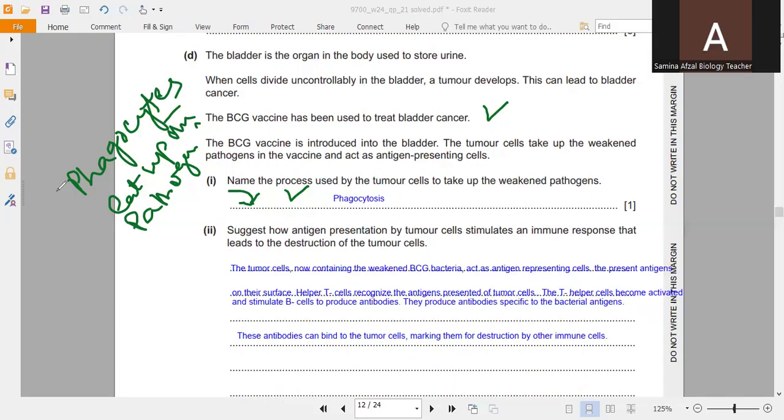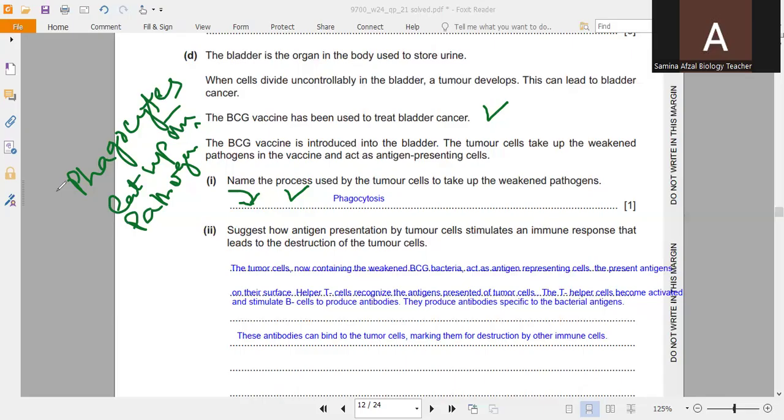Helper T cells boost the immune response by activating B cells to produce antibodies, which can further target the tumor cells. This is how it works. After this explanation, I will read the answer. The tumor cells, now containing the weakened BCG bacteria, act as antigen-presenting cells. They present antigens on their surface, and then helper T cells recognize the antigen presented by the tumor cells.